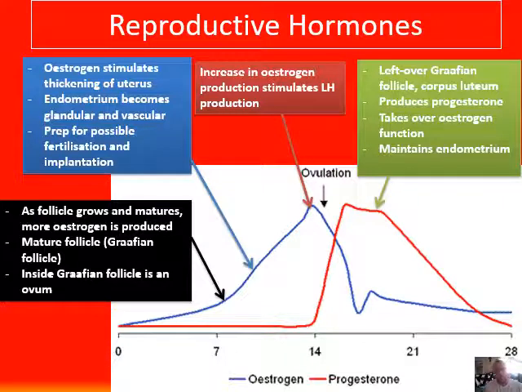So with increased estrogen, we're going to have an increased production of luteinizing hormone, and this is from the pituitary gland. When that increase in estrogen occurs, that peak hits, and then all of a sudden it completely plummets. Remember, this is because luteinizing hormone is causing a negative feedback system with the amount of FSH and LH that is being produced.